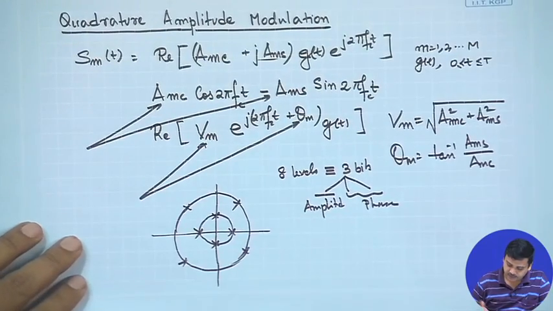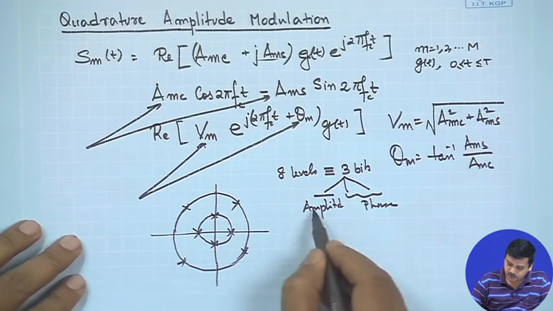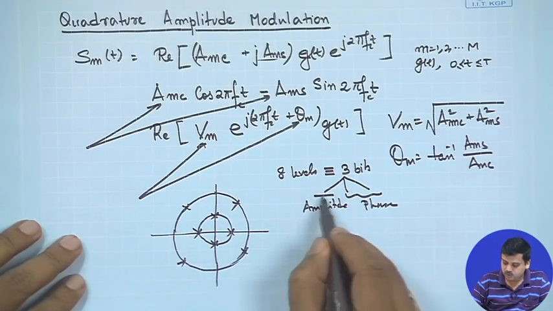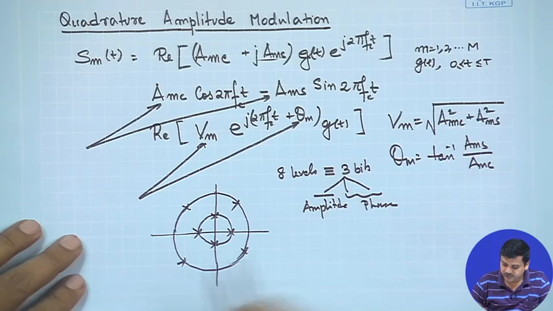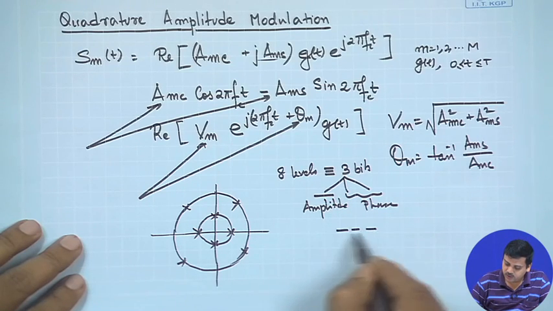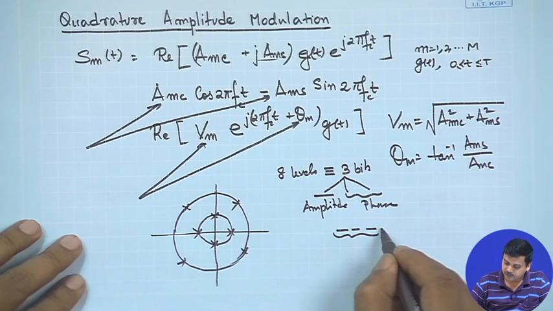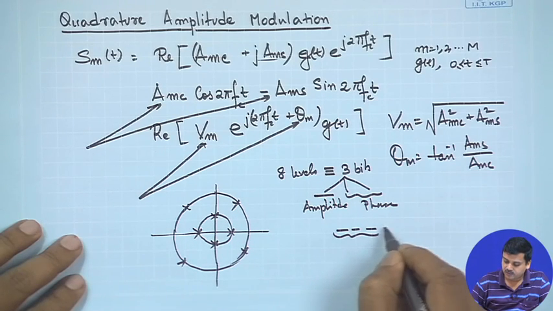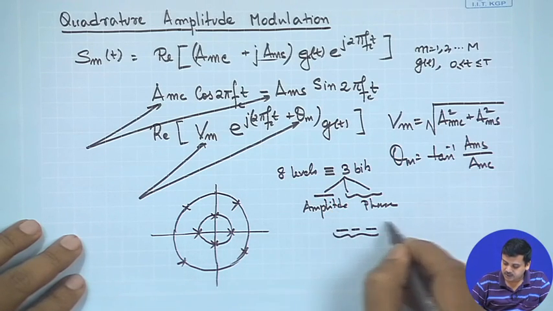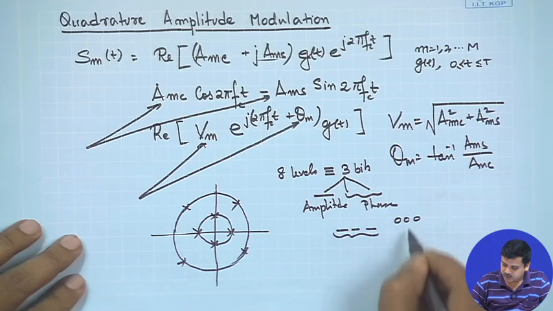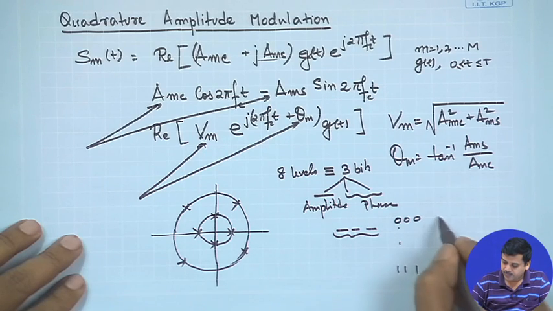In this diagram, we could split it into 1 bit for amplitude and 2 for phase, or we could group all 3 together and select any one of these. Because it is a mapping of 3 bits, which means 8 possible combinations, 0 0 0 down to 1 1 1, to 8 possible amplitude and phase combinations.